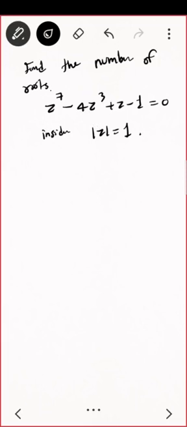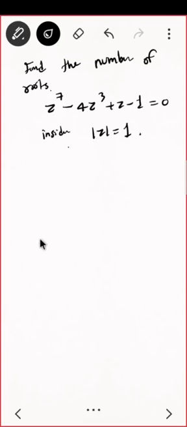Do you have any technique? Find the number of roots of the equation z raised to 7. So you have to get all the roots which are only inside mod z equal to 1. That is a very nice problem, and it is very lengthy if you want to do it directly.